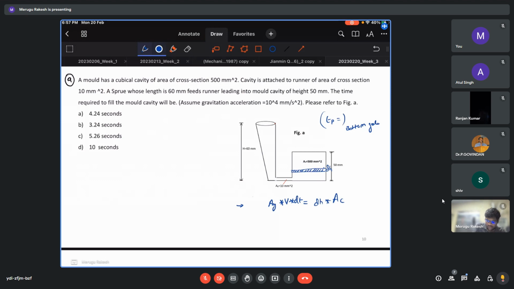So at an instant of dt time, dh will be filled. This entire term is volume and this is also volume. Now you integrate over. So dh will be 0 to height of the casting, and this will be 0 to the pouring time Tp. And Ag will not change, but V will be square root of total H minus H casting.